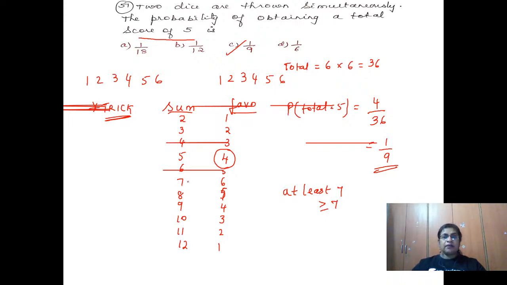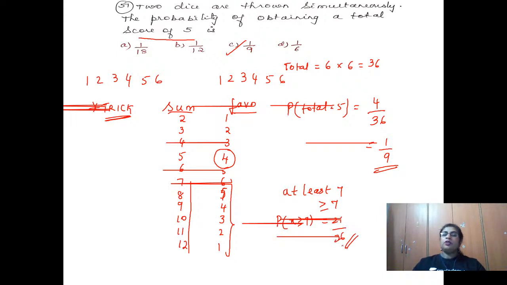So look here, 7 and greater. All this is the sum which you require, and these are your favorable cases. So add the favorable cases: 6, 10, 15, 20, 21. So the probability of x greater than or equal to 7 is nothing but 21 by 36.